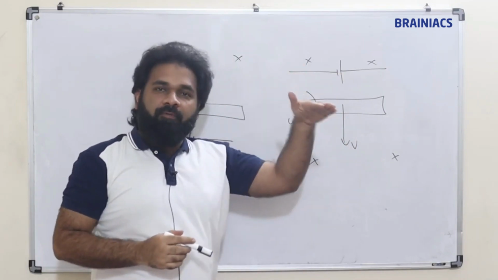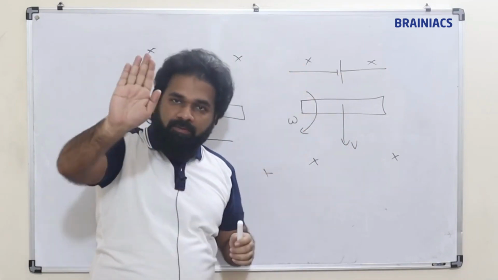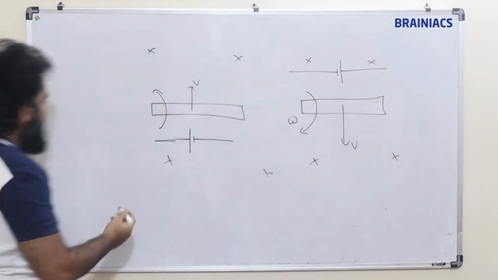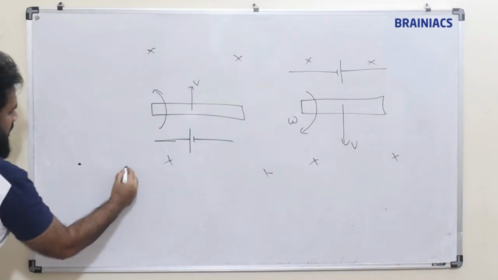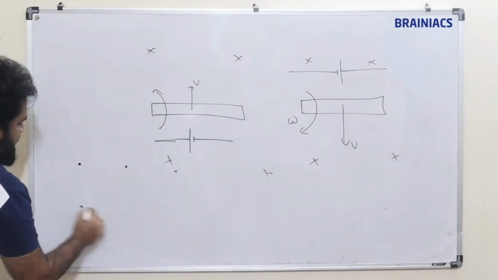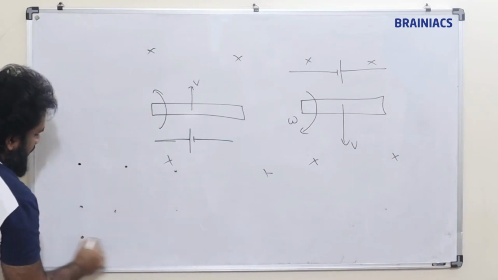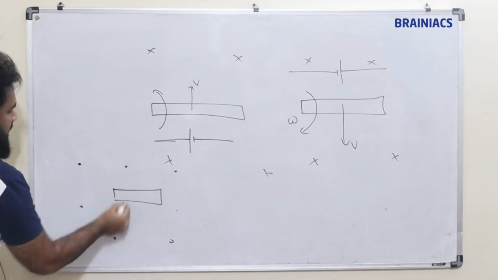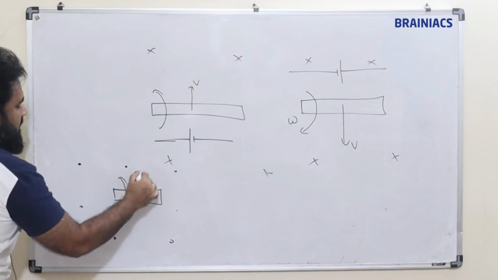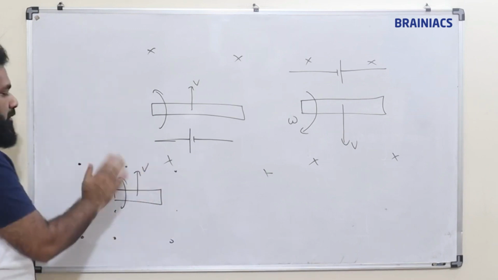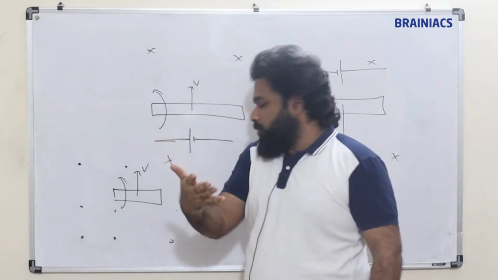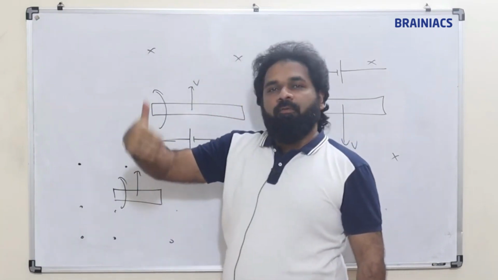If the field is coming out, likewise we need to keep the palm and find the direction. For example, suppose it is a dot magnetic field and this is the rod, and it is moving like this, then this is going to be the direction of velocity. So this is the direction of magnetic field towards you, and this is the direction of velocity.